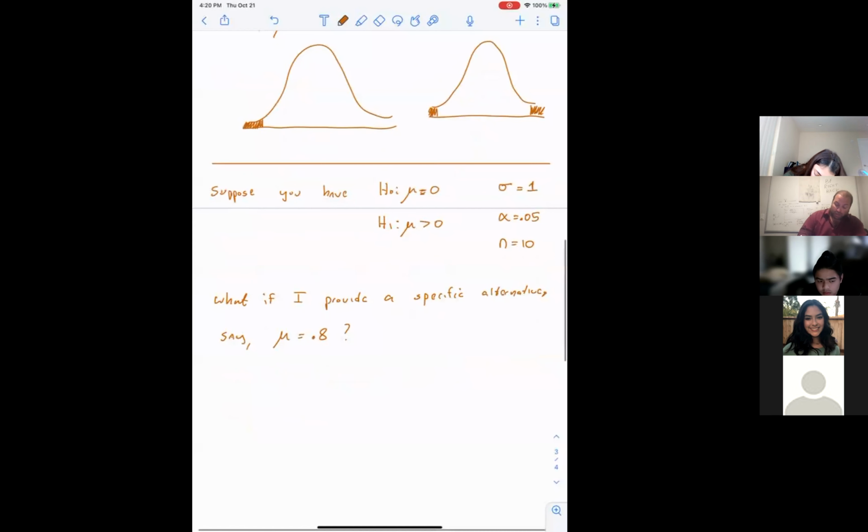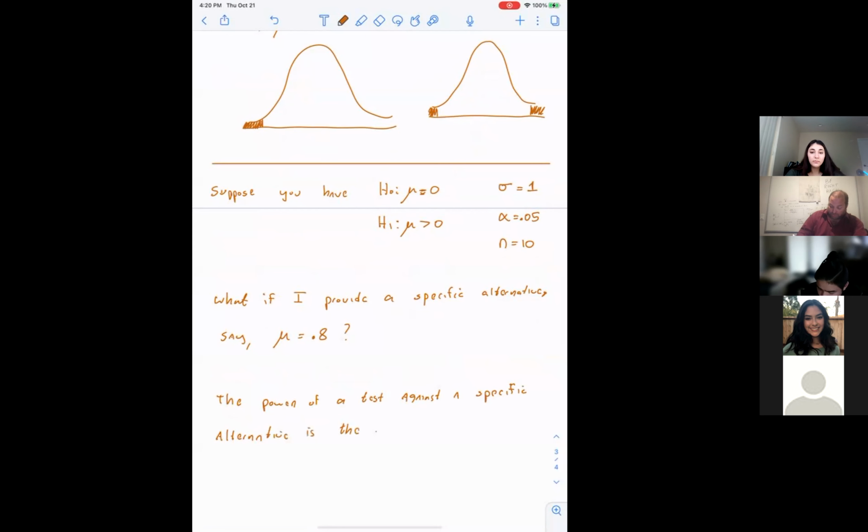So the power of a test against a specific alternative is what?